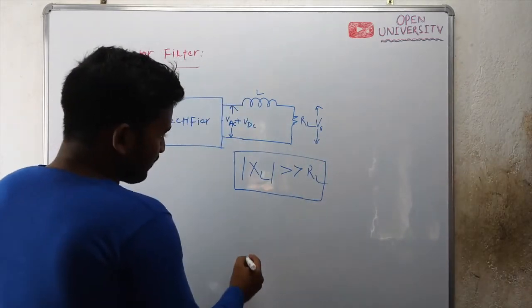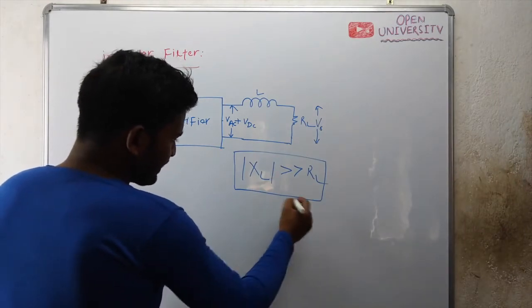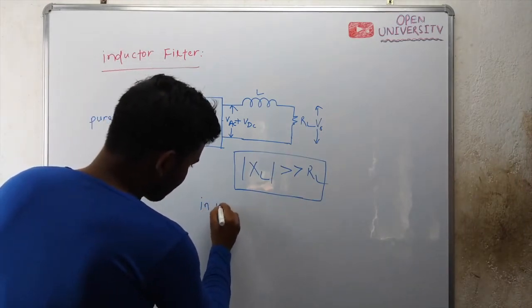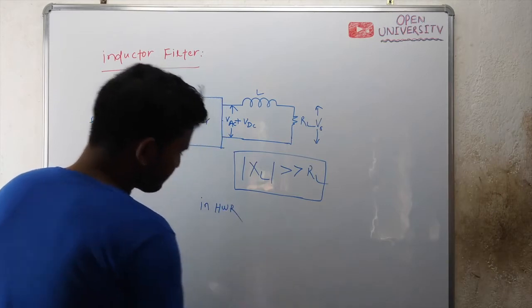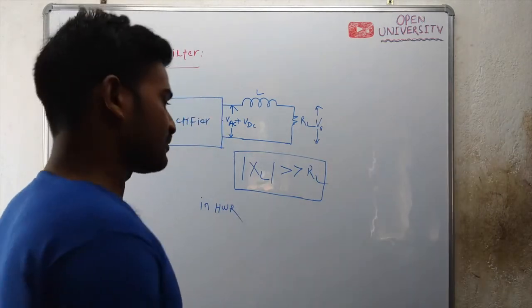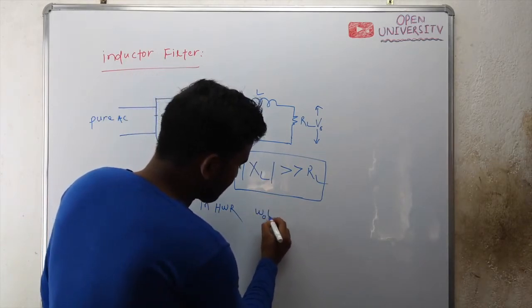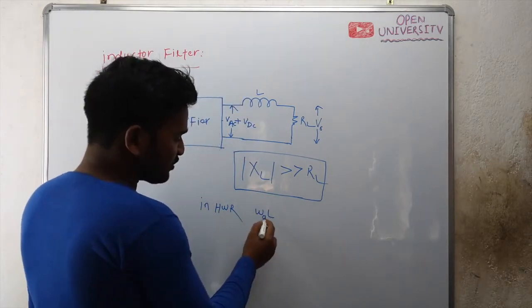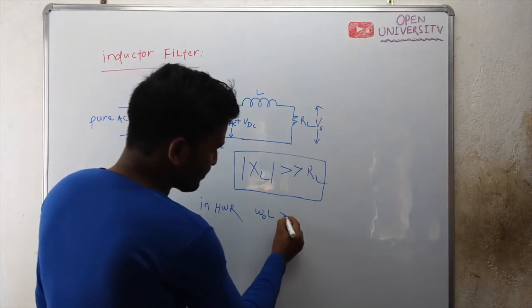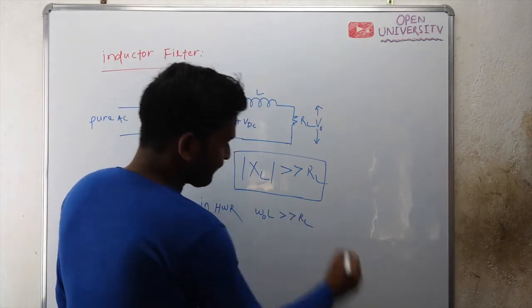So you can write, in case of a half wave rectifier, what is the ripple frequency? Ripple frequency is omega naught. So what is the XL value? XL is omega L, so at ripple frequency it will be omega naught L, which has to be much greater than RL.